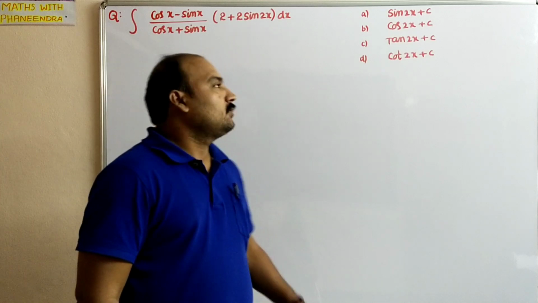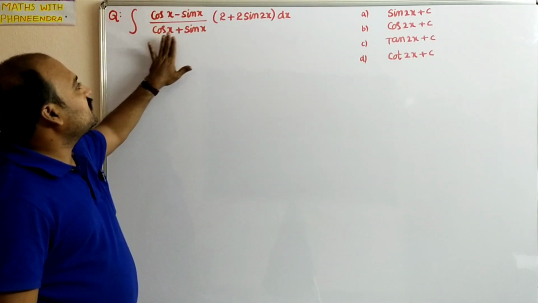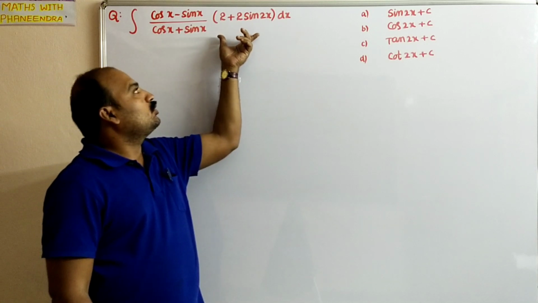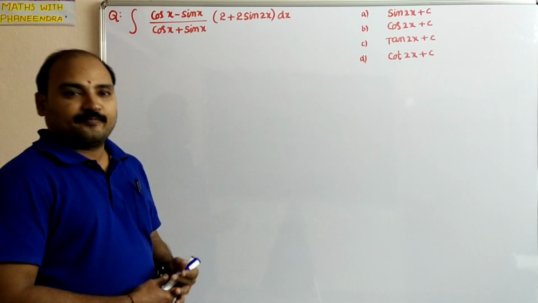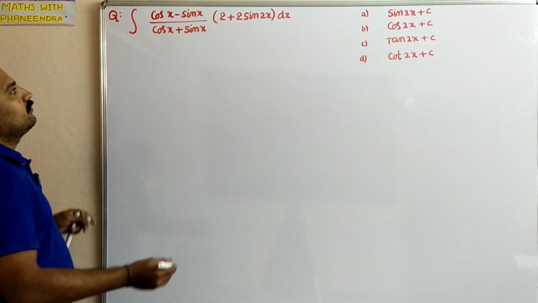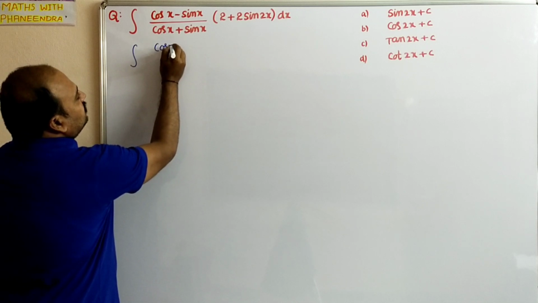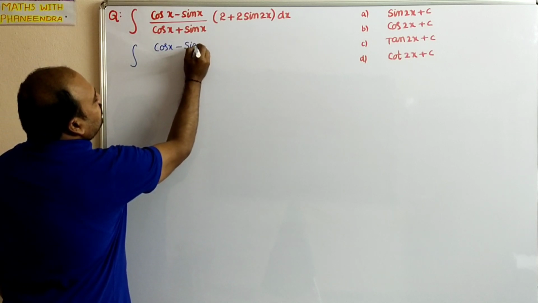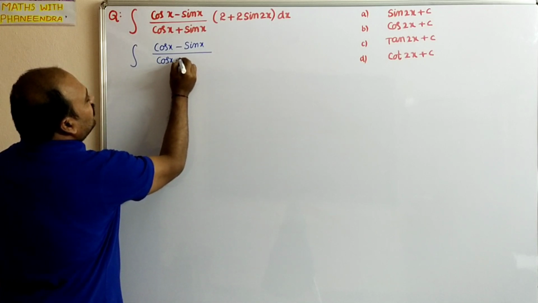The next question. Integral of cos x minus sin x by cos x plus sin x into 2 plus 2 sin 2x into dx. It's a very simple one. Integral cos x minus sin x divided by cos x plus sin x.